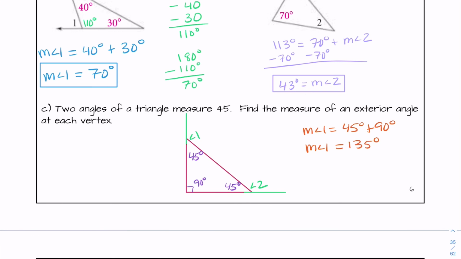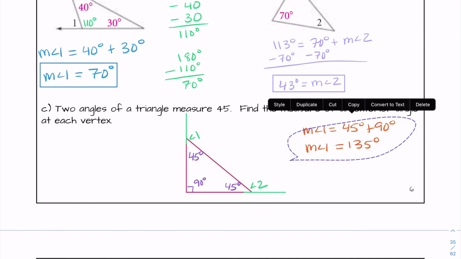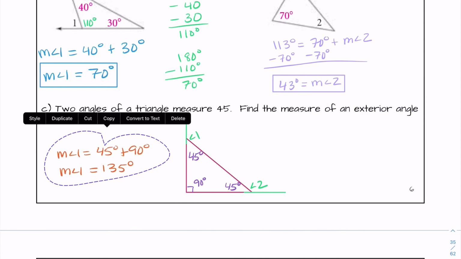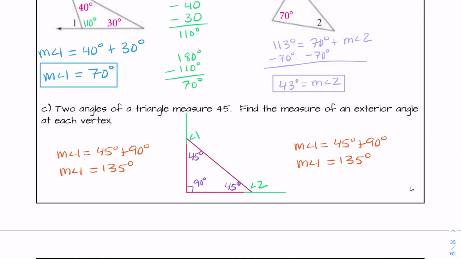And guess what? Same thing's going to happen for angle 2. So I'm literally going to paste angle 2 right there, because it's the same thing. You know what?